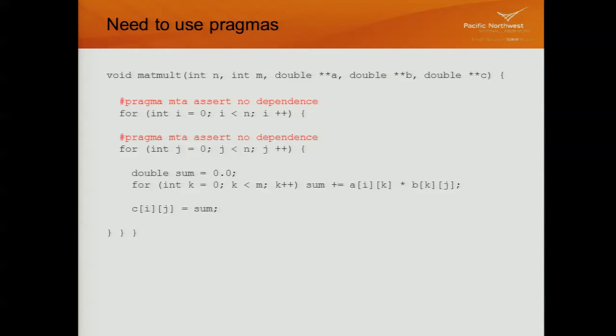So this is sort of bad. This is what you don't want to see, which is your outer loops sequential and your innermost loop parallel, because then you'll have lots of overhead. You want your outer loops parallel and your inner loops sequential. So the solution to this, of course, is to use pragmas.